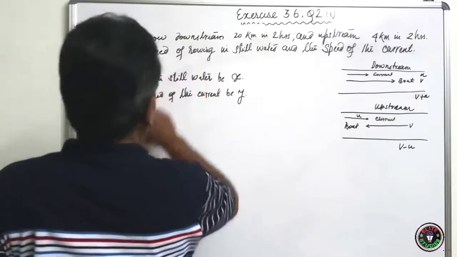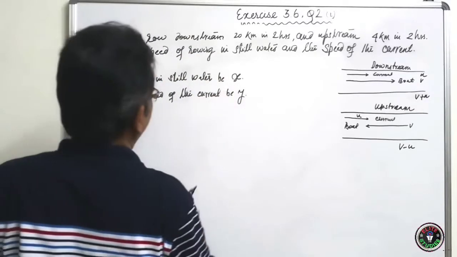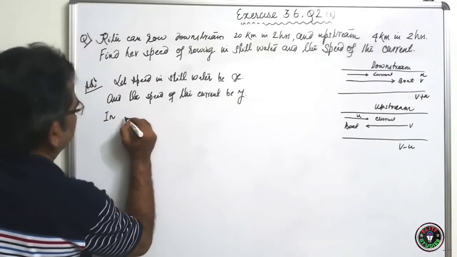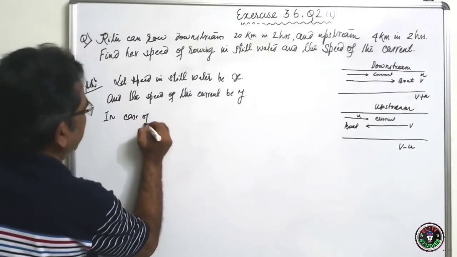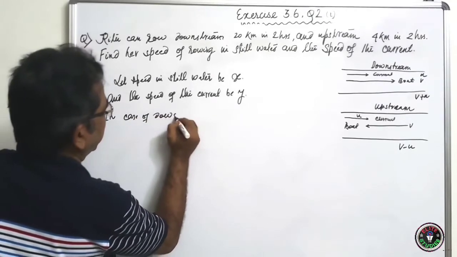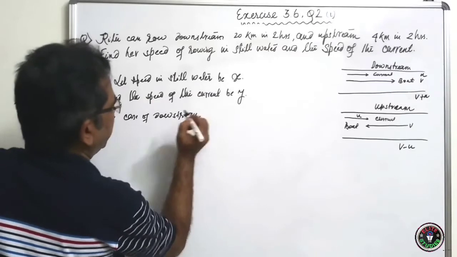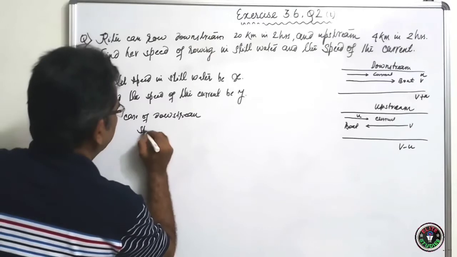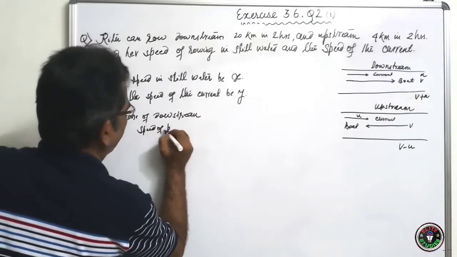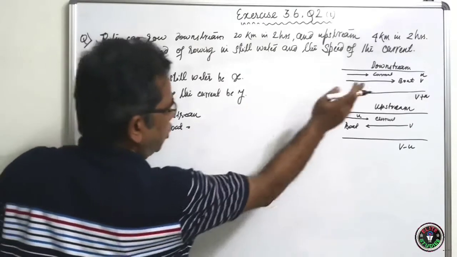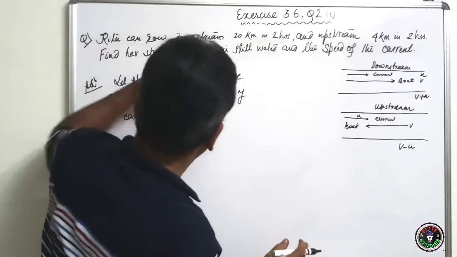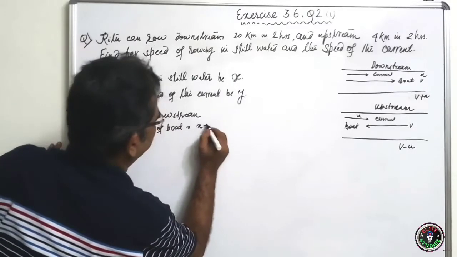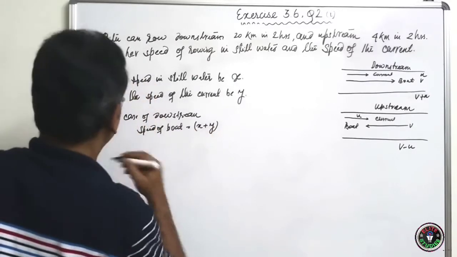Now here what you have to do, in case of downstream, speed of boat will be equal to, as I told you, it will be increased. In still water it is x, it is moving in the same direction, so it will be increased, x plus y.